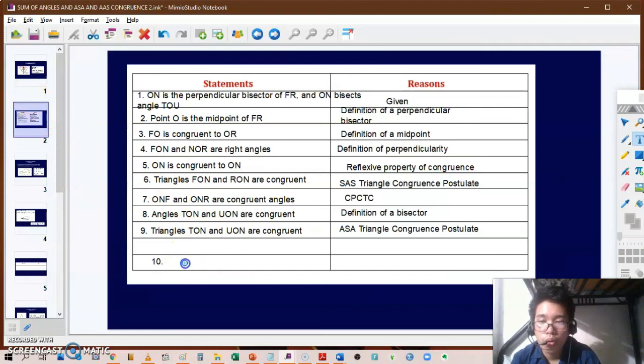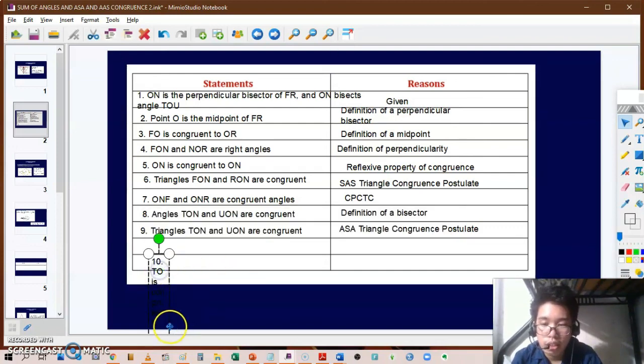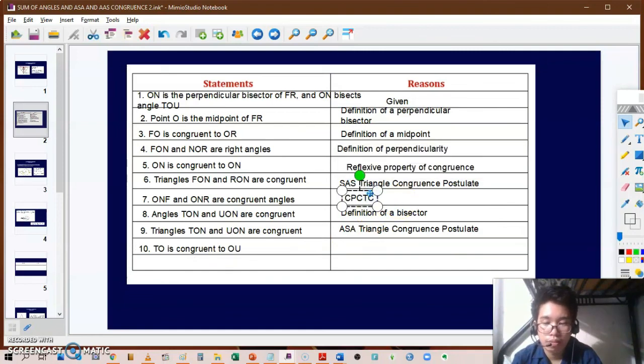Let's write that neatly. The reason for that is none other than CPCTC: congruent parts of congruent triangles are congruent.